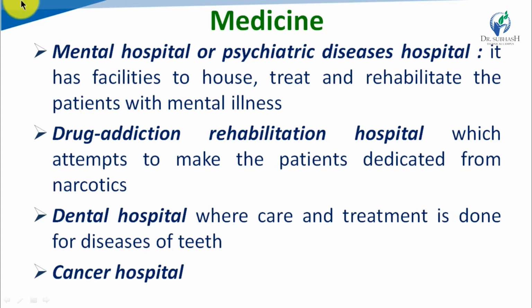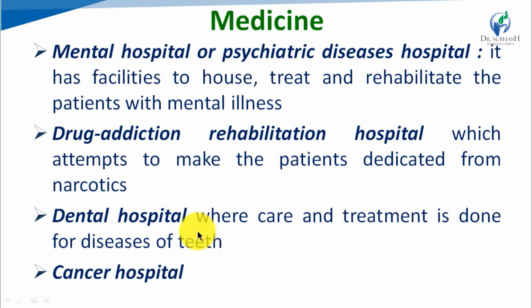Then the mental hospital or psychiatric hospital has the facility to house, treat and rehabilitate patients with mental illness. Then the drug addiction rehabilitation hospital attempts to free the patient from narcotics. In certain conditions there is an addiction, so there should be drug addiction rehabilitation hospitals.